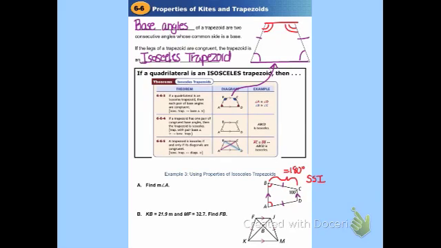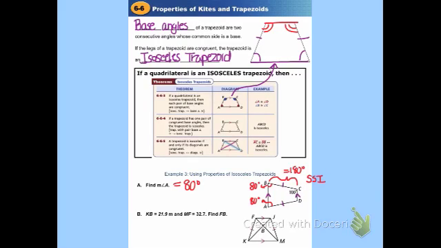So B must be 80, and that means that angle A must be 80 as well. So we've got the measure of angle A by finding B, and we used the fact that we have parallel lines and same side interior angles that would have to be supplementary. So angle A is 80 degrees.